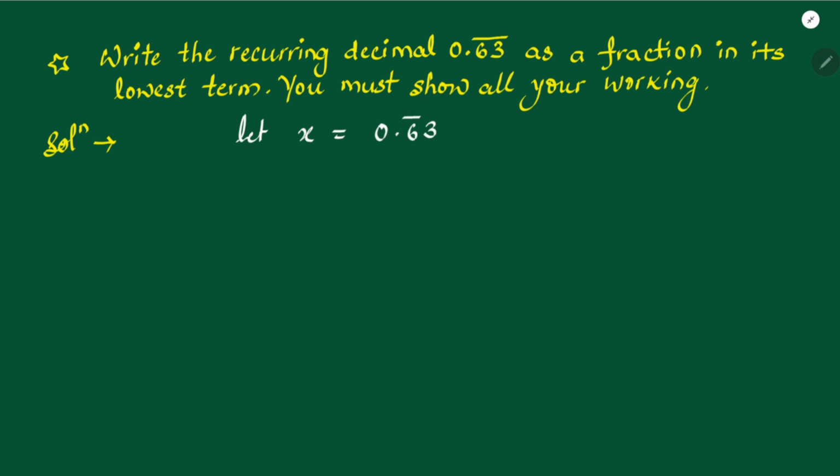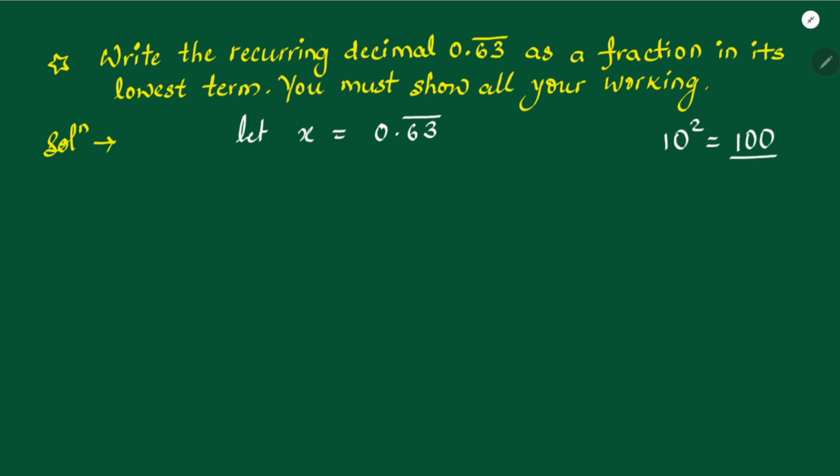0.63 bar. Now, clearly, if you had followed the previous question that I had just solved, I had given you a very crucial piece of information. In this question, there are 2 digits that are repeating after the decimal. So we need to put the power 2 to 10, that will be equal to 100.